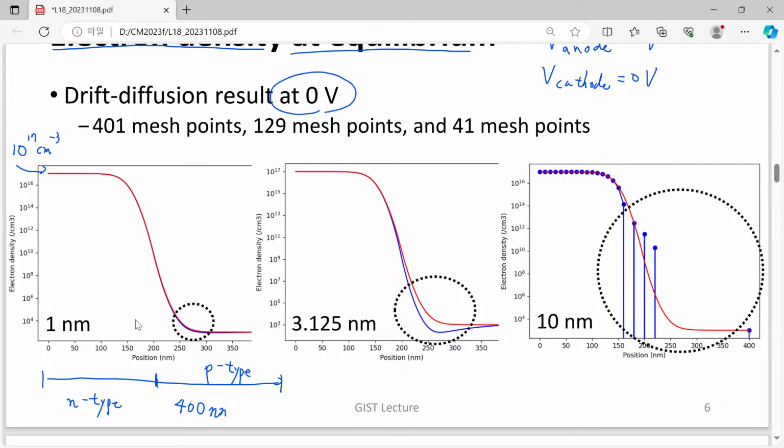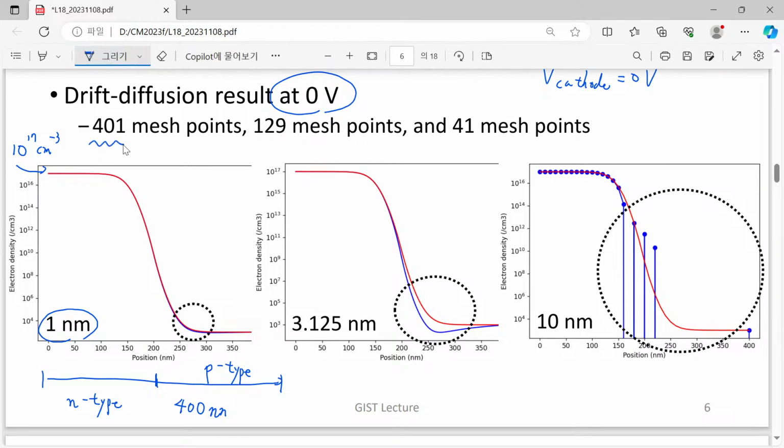And when you have a look at this leftmost graph, we have introduced 1 nanometer spacing for our system. Since the overall length is 400 nanometer, it means that we have 401 mesh points. Okay, then inside your system, how many unknown variables are available? The answer will be 401 times 3.